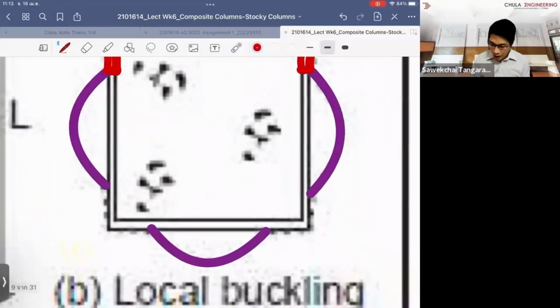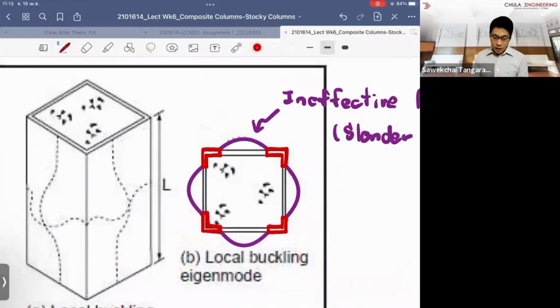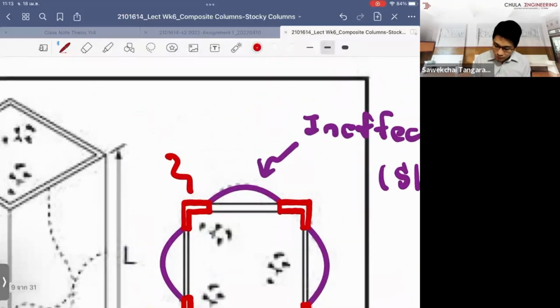The area that I highlight here, we call the effective areas. The effective area is the area that can resist the compression well.